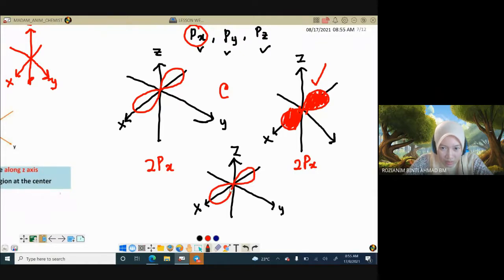Cuma bezanya adalah at the center of here, kita padamkan dia punya axis. Kita nampak dumbbell je supaya nampak as a 3D shape. So this cara lukisan, dia sama konsep dia macam kita shaded. Pun boleh. Tapi syaratnya jangan padam axis lah. Okay, ni pun kita terima. 2PX. So depends kepada kamu lah.